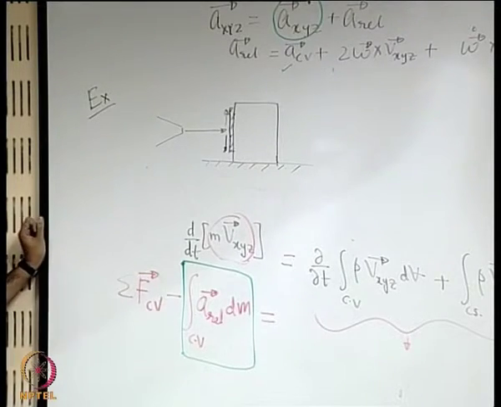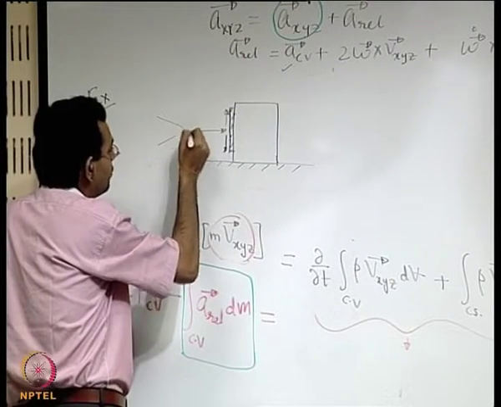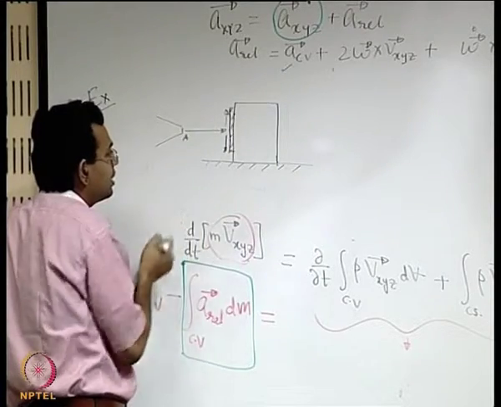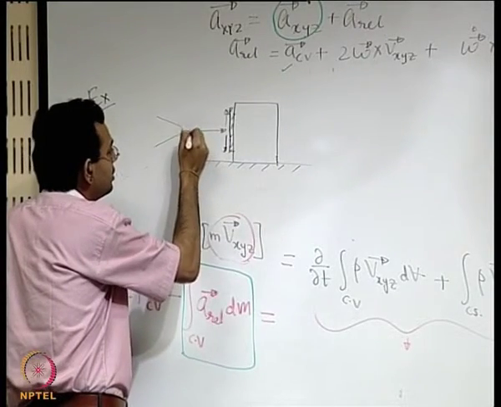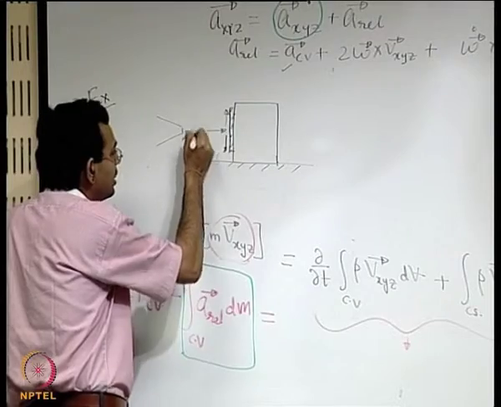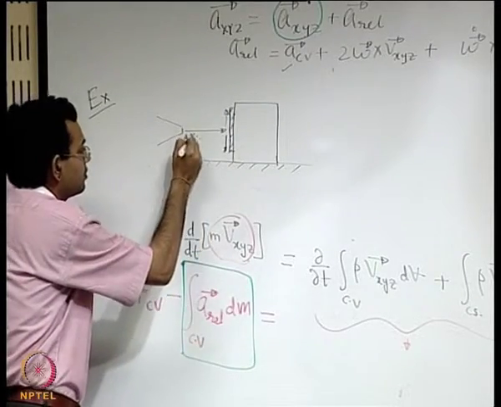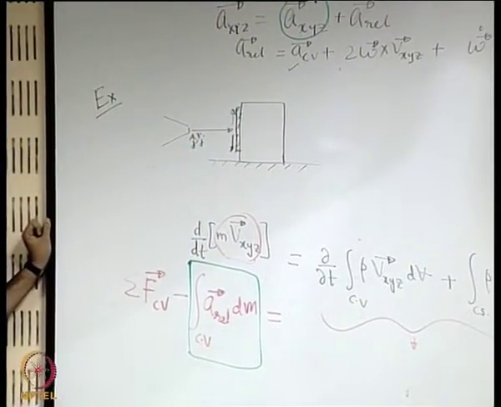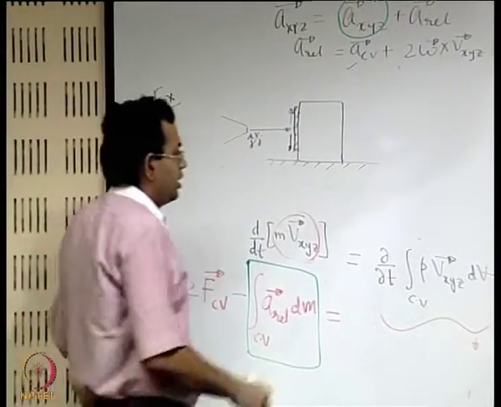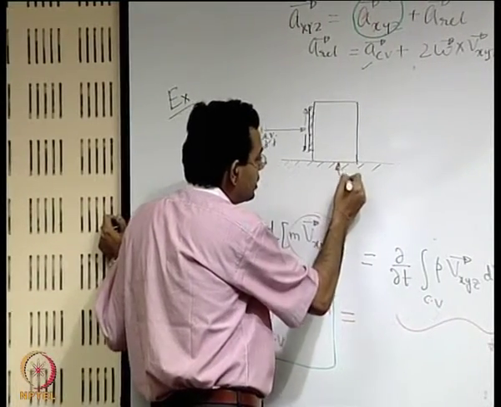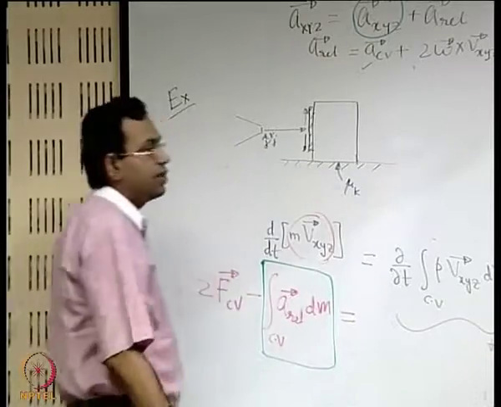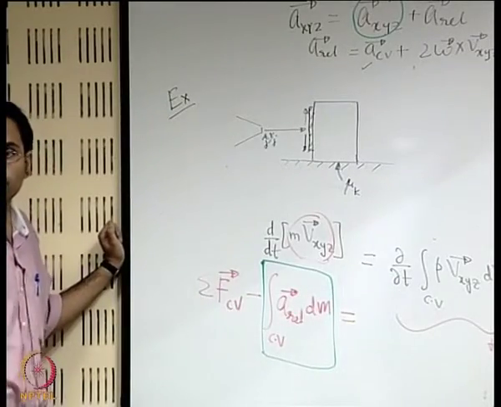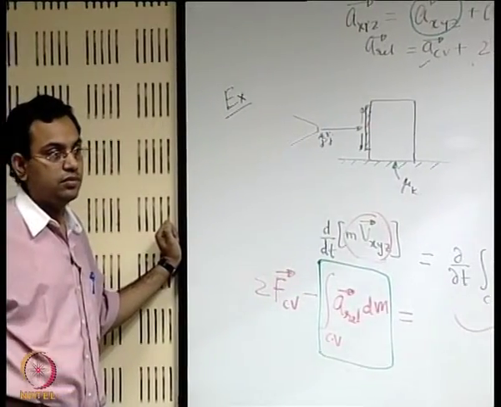Okay. The area of the jet that comes out is given, the velocity of the jet that comes out Vj, that is also given, Aj, Vj, area of the jet and velocity of the jet. The coefficient of kinetic friction between this surface and the block, that is given.